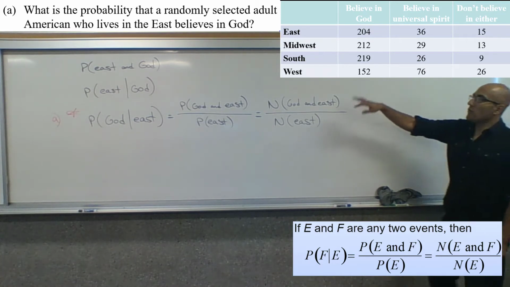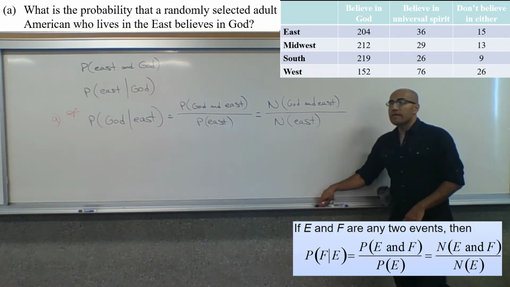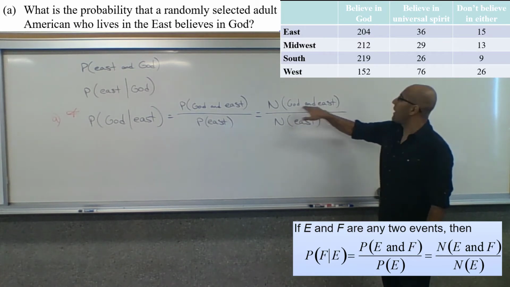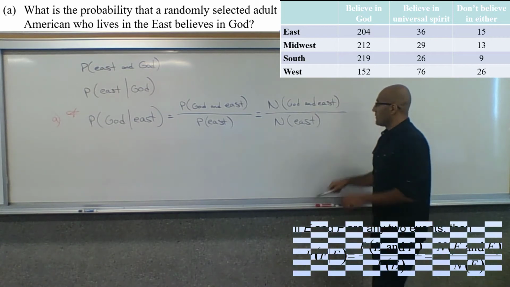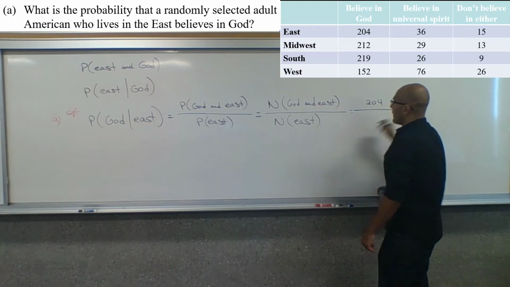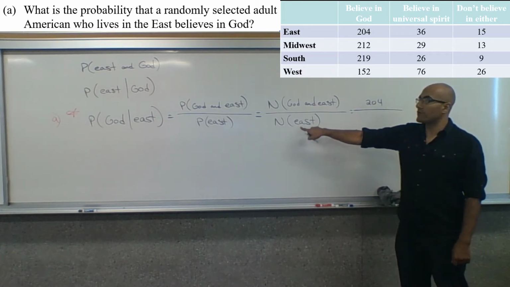Okay? So, looking at our table, how many outcomes, how many survey takers landed in both believe in God and live in the East? 204. And then how many survey takers live in the East?